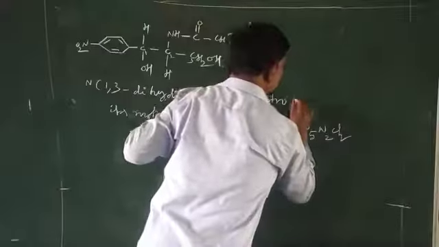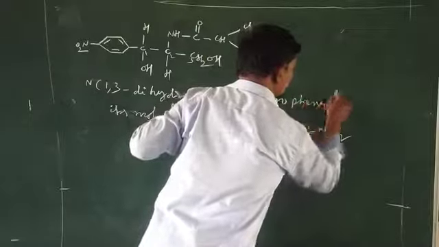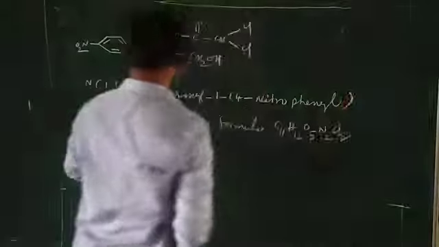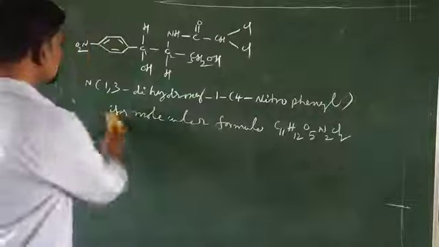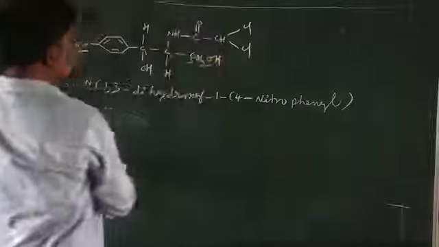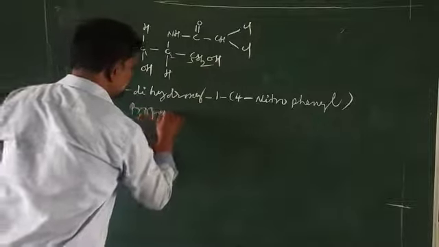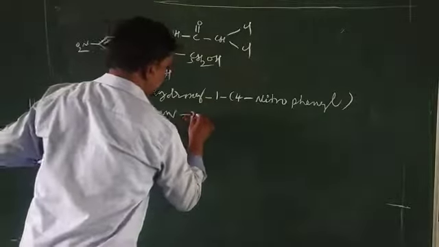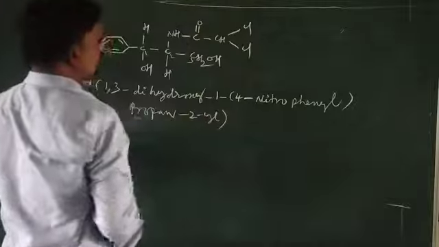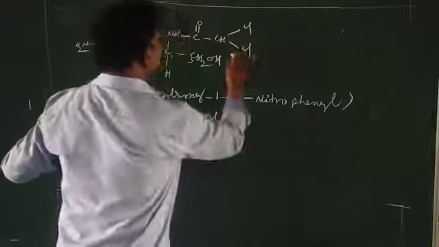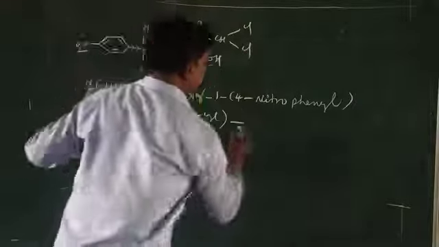So 4 nitrophenyl and number of carbons 3. So that's why propan-2-yl and dichloroacetamide.